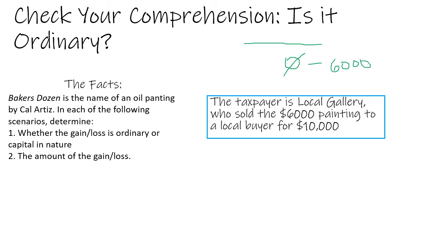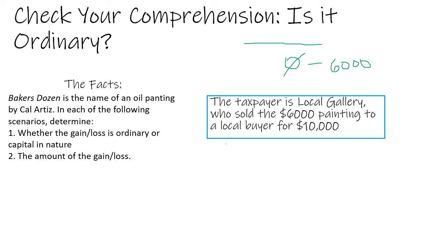Let's look at the second scenario. The taxpayer is the local gallery who sold the $6,000 painting to a local buyer for $10,000. Is it a capital gain or is it an ordinary gain?